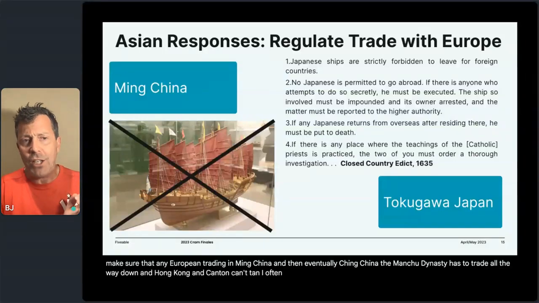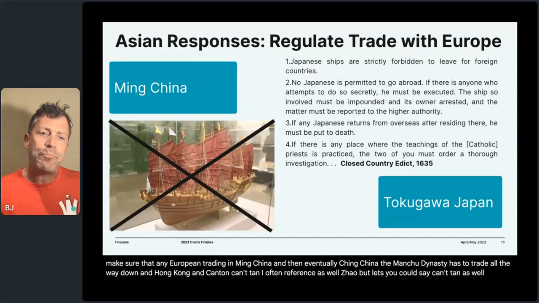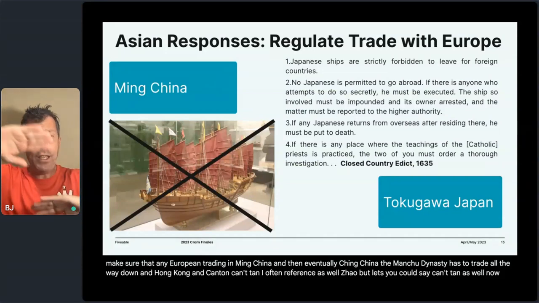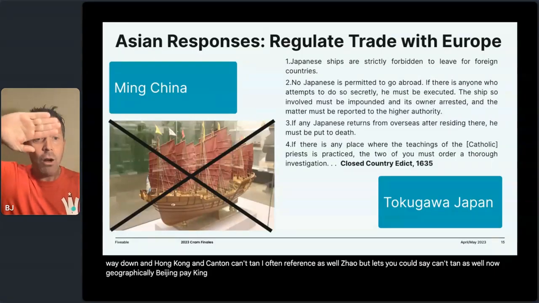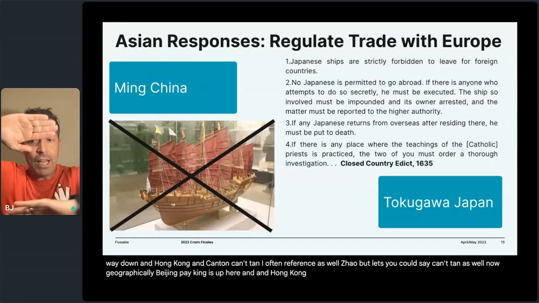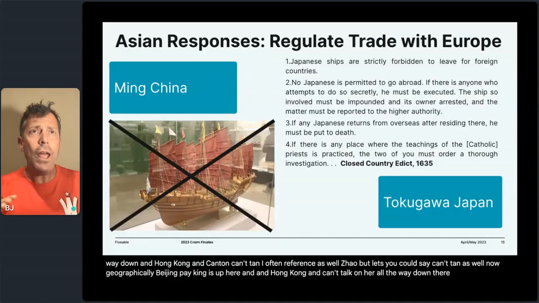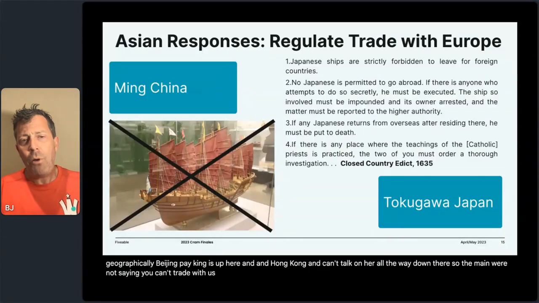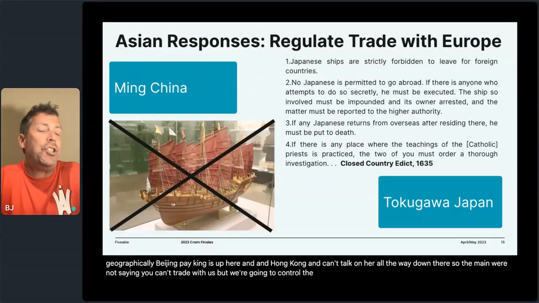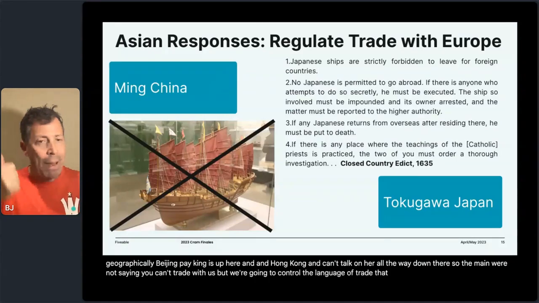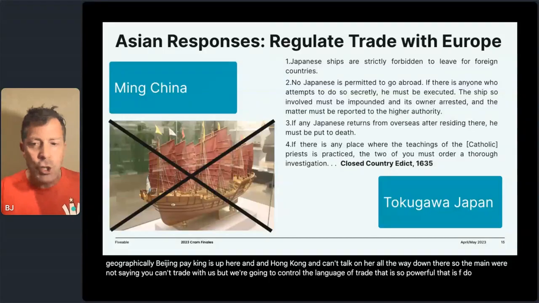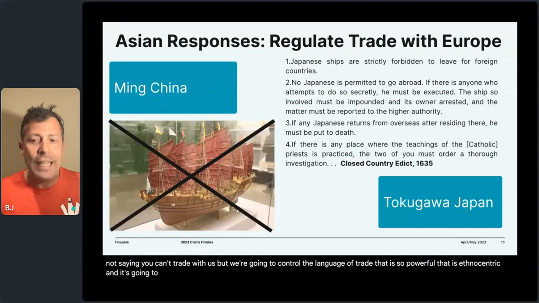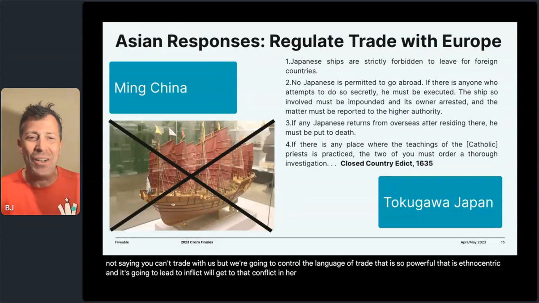Canton I often reference as Guangzhou, but you could say Canton as well. Now, geographically, Peking is up here, and Hong Kong and Canton are all the way down there. So the Ming were not saying you can't trade with us, but we're going to control the language of trade. That is powerful, that is ethnocentric, and it's going to lead to conflict. And we'll get to that conflict in our next units.